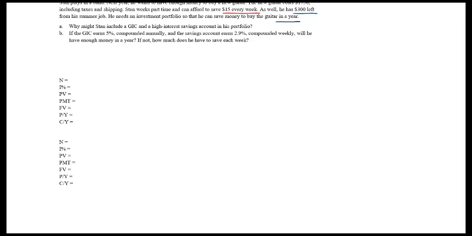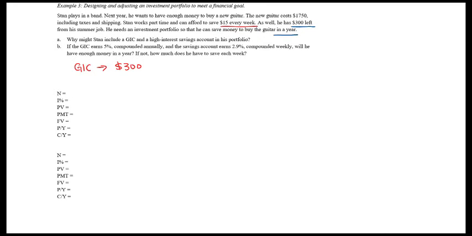So we are going to be doing the GIC, and that is going to be $300, and we have the savings account, and that is going to be $15 per week. So that's 5% annual. And the savings account is going to be 2.9% weekly.